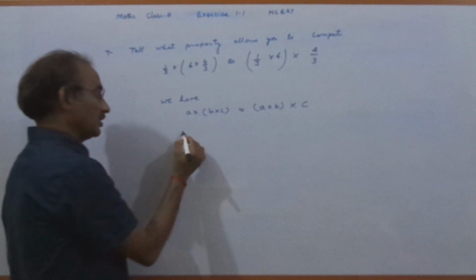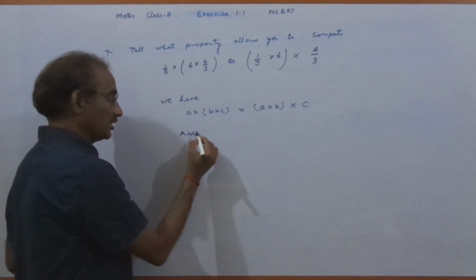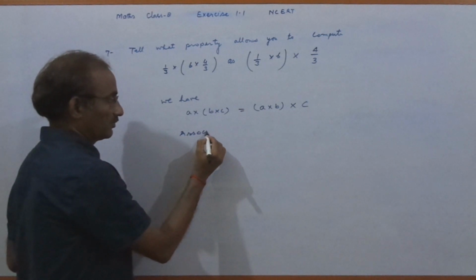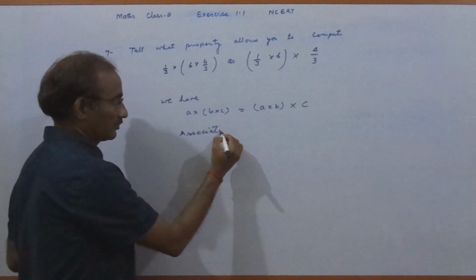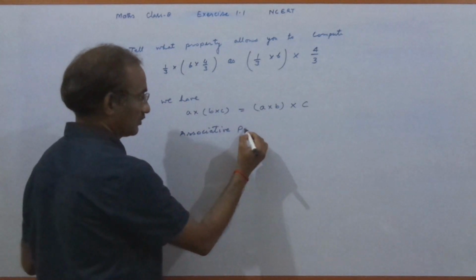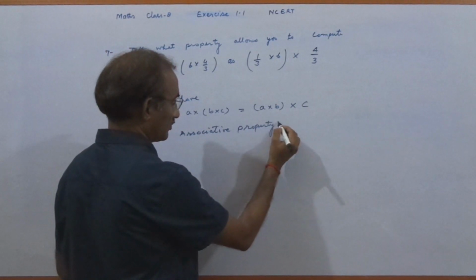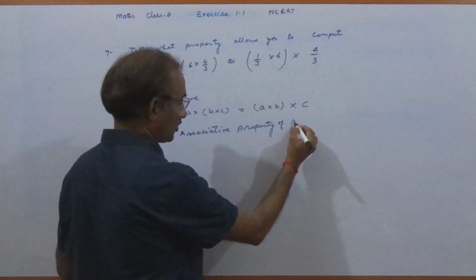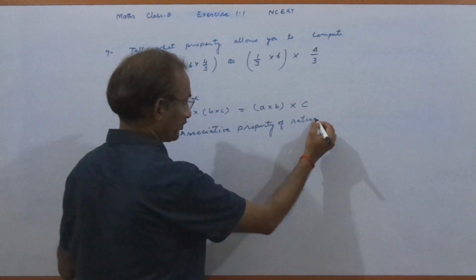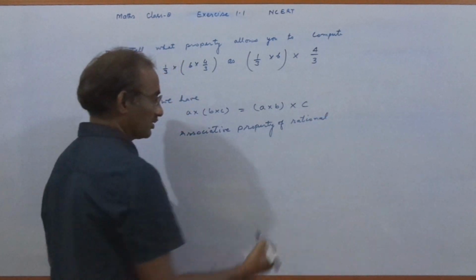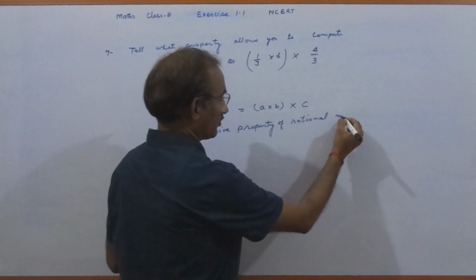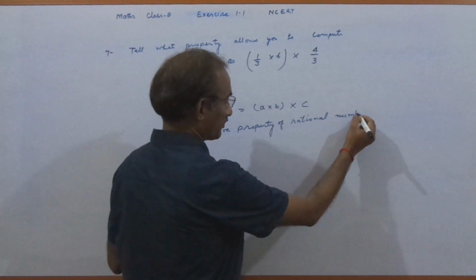So our answer is associative property of rational numbers.